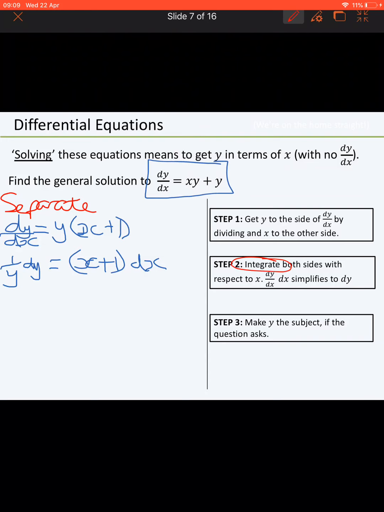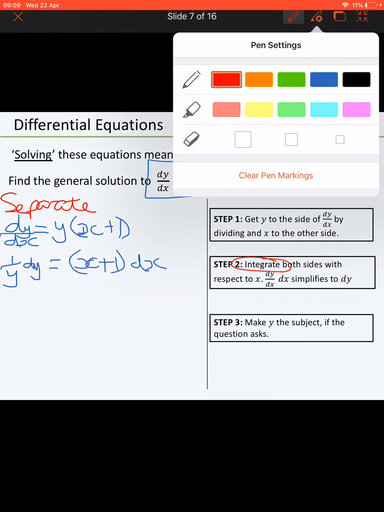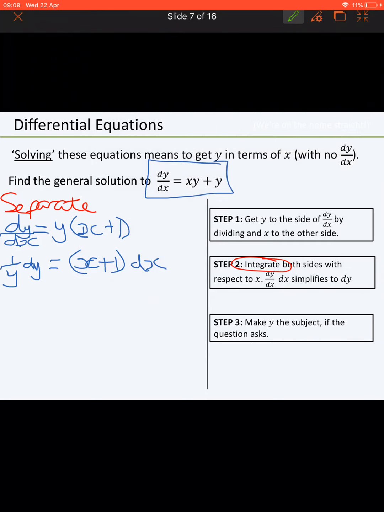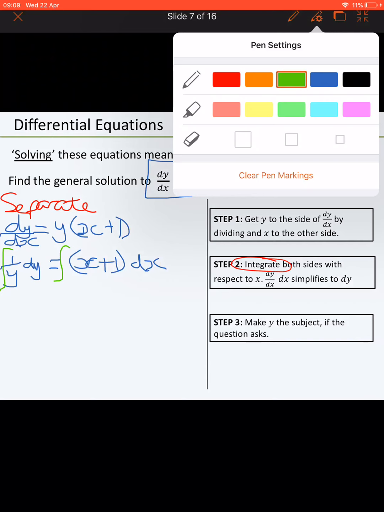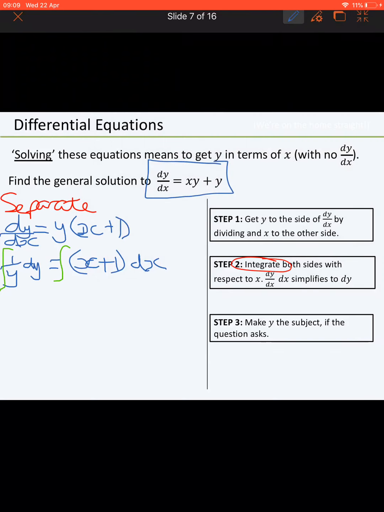Okay, so I've separated, now I'm going to integrate. I've run out of space a little bit, so I'm just going to do it in a different colour so you can clearly see I've put in the integration symbol on both sides. That now makes it a mathematically correct statement: the integral of 1 over y dy is equal to the integral of x plus 1 dx.